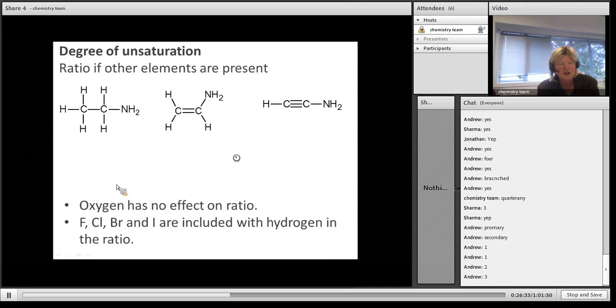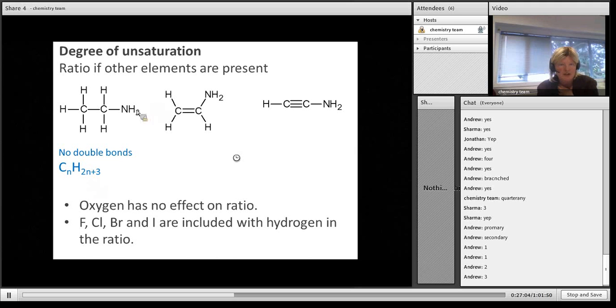Nitrogens, what happens with them? Because nitrogen can form one extra bond, there'll always be an extra one. So what I'm trying to show here is if I have an amine and it's a saturated compound where every carbon and every hydrogen has got the right number of atoms bonded to it, then it'll be CnH2n, and instead of 2n plus 2, it's now 2n plus 3.